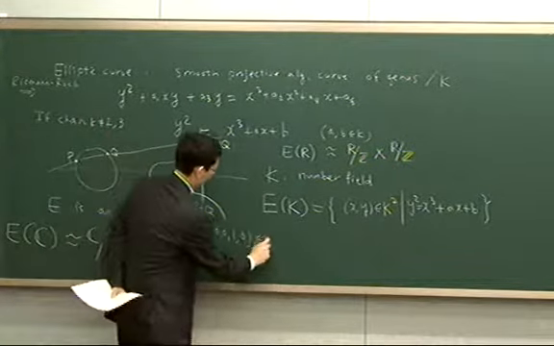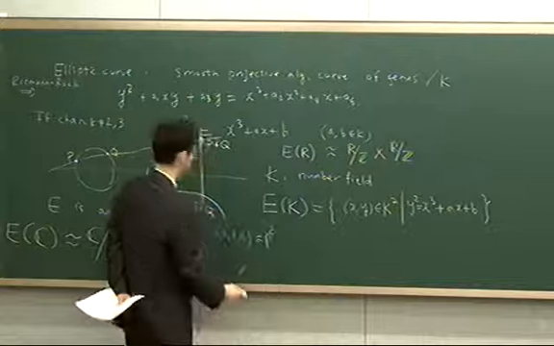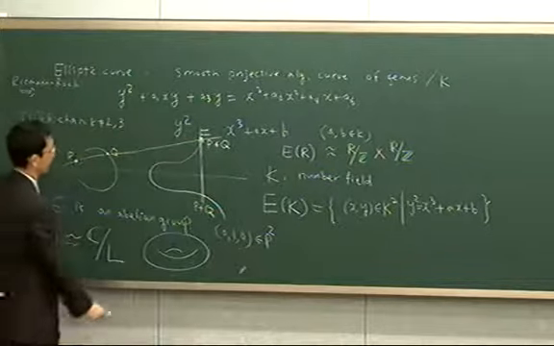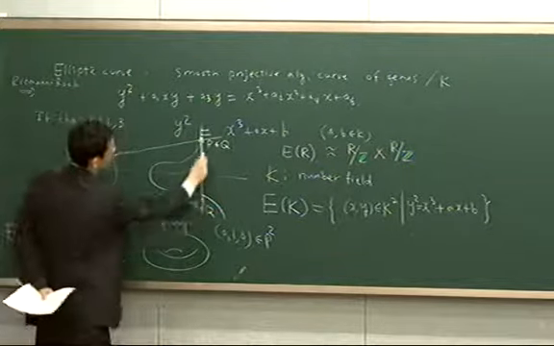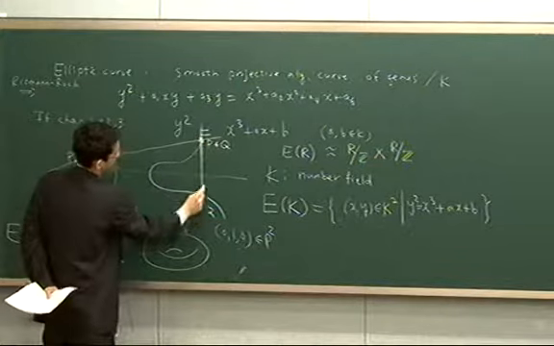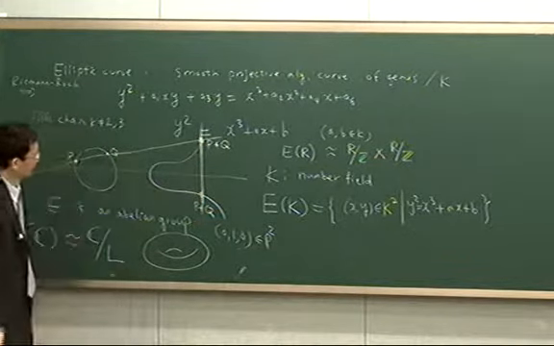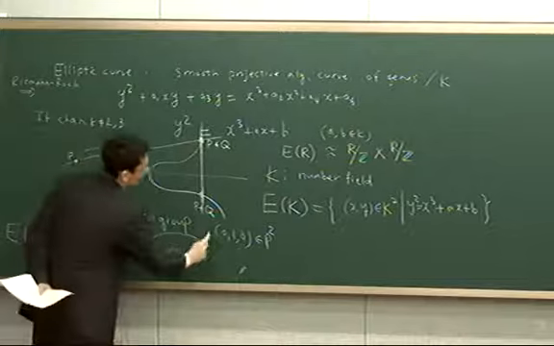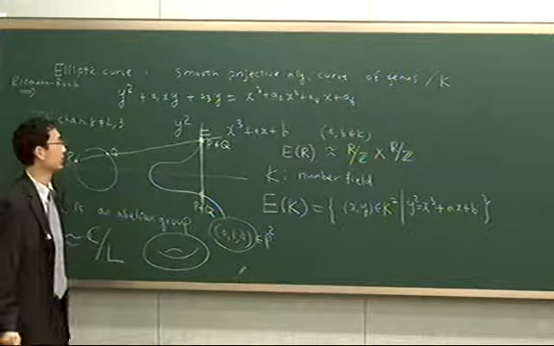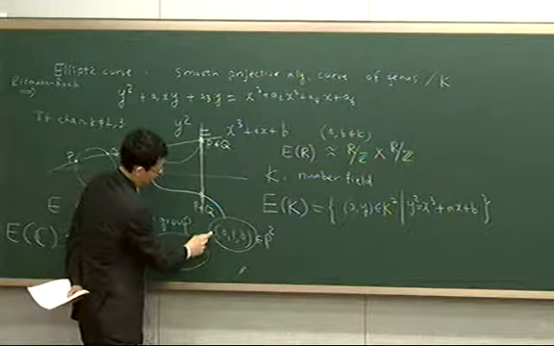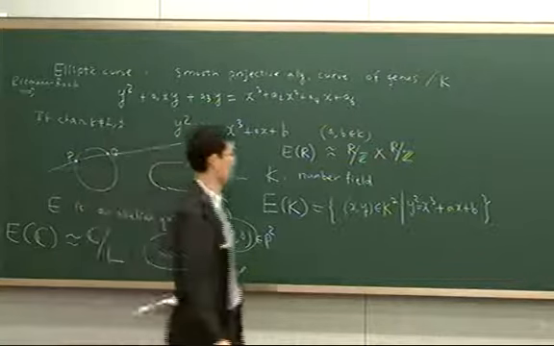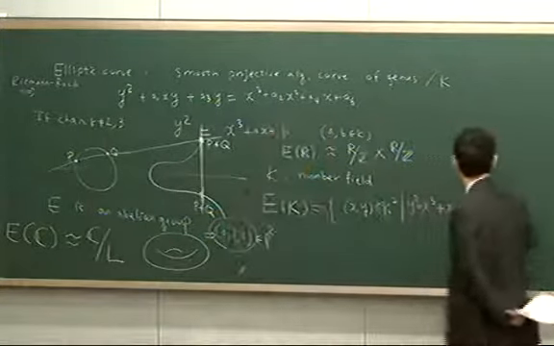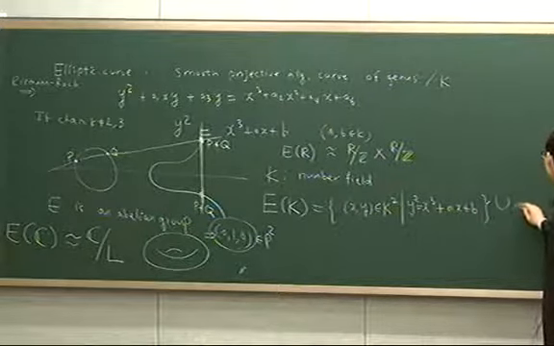in P2. So in the projective plane, this line has 2 points and another third point. The third point is the point at infinity. So this plays the role of the identity element. So we have the point at infinity.